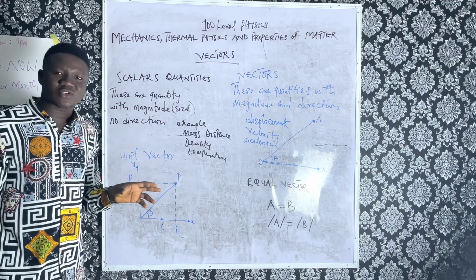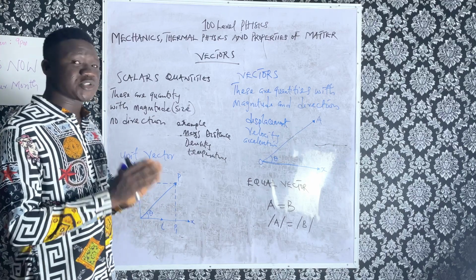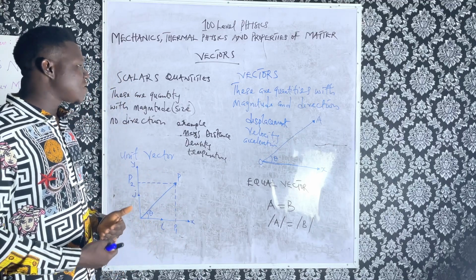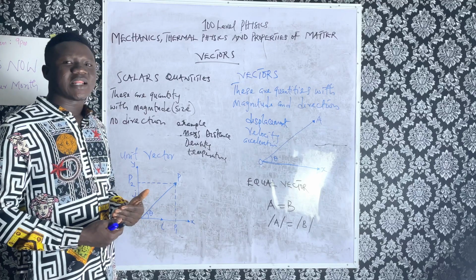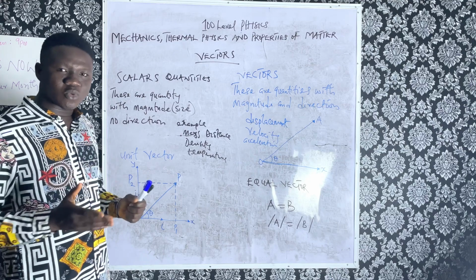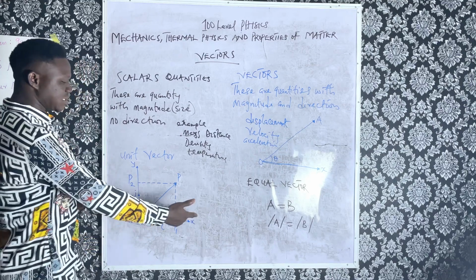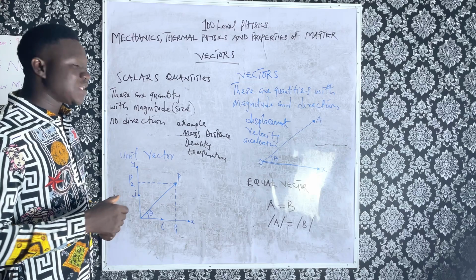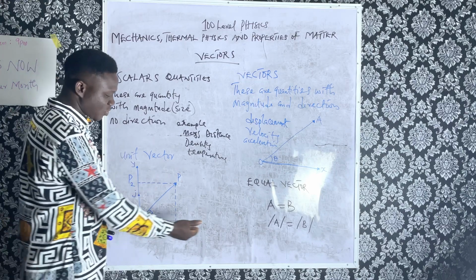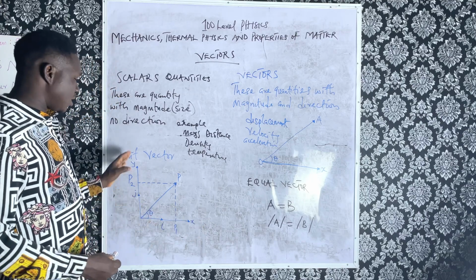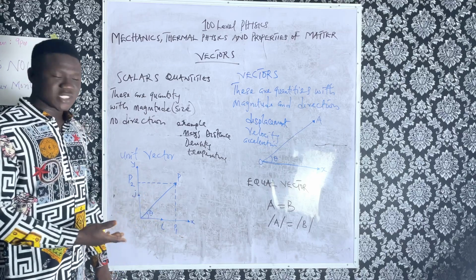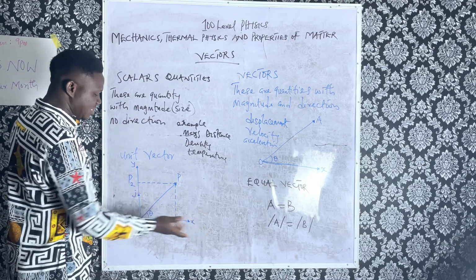For every vector, if it is moving in a straight line, it has only one component. But if it is moving in a direction that makes an angle with the horizontal, the components will be along the y-axis and along the x-axis. We are used to this Cartesian coordinate. This is the x-axis, this is the y-axis.